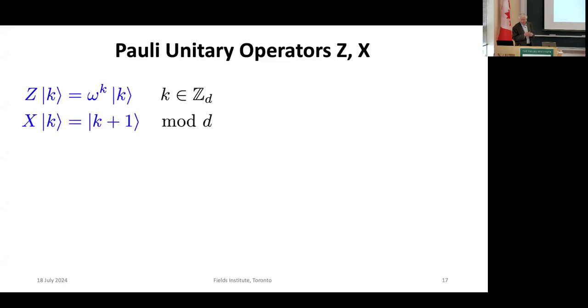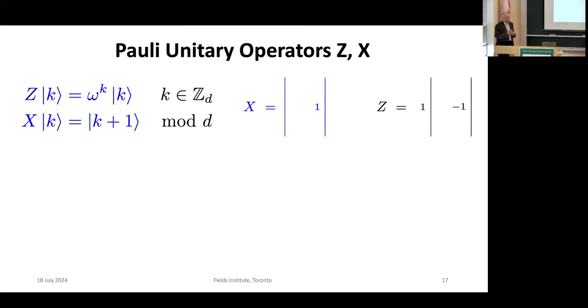And they're defined on the basis Z has the eigenbasis, the standard basis, just with eigenvalue omega to the k, and X raises the label by 1, mod D. So they're the sigma X and sigma Z, which are generators of SU2 in the case D equals 2.